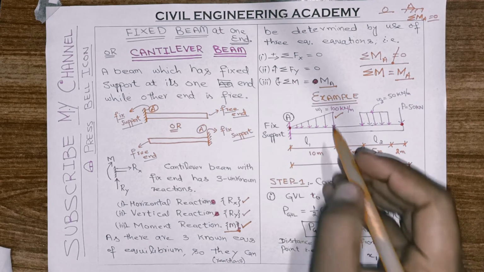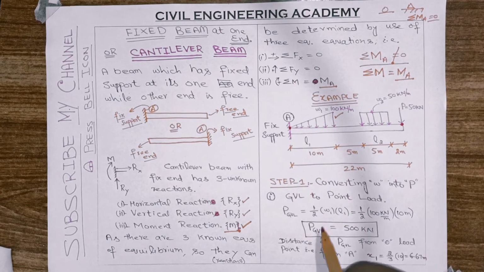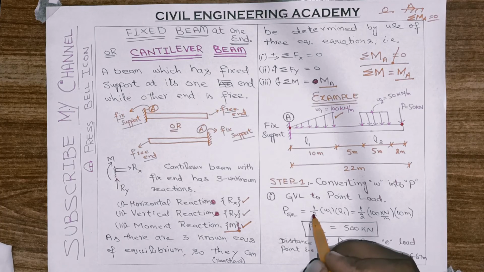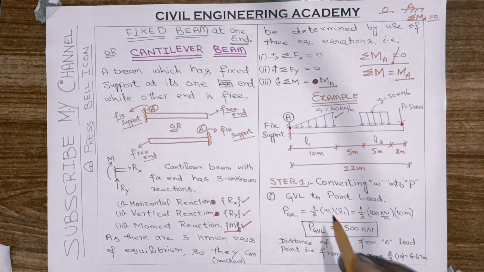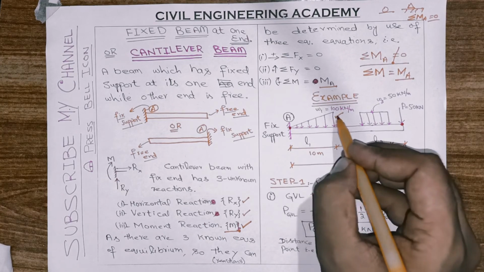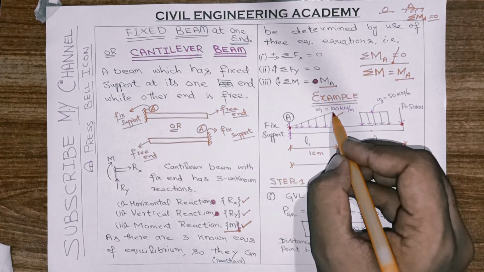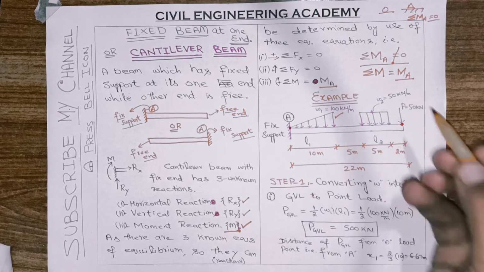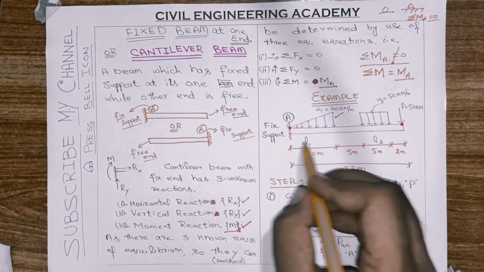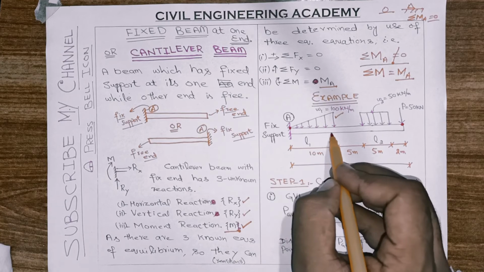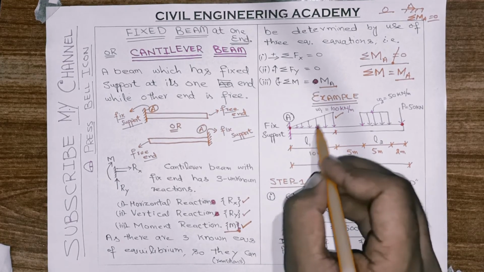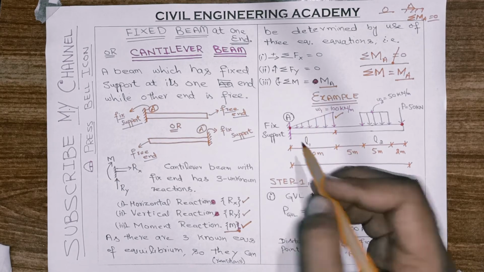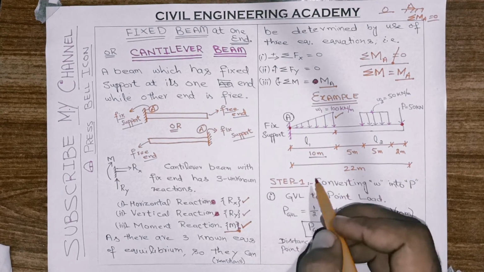For this one, GVL, we studied in the last lecture that we simply calculate the area of this triangle. How is the area of a triangle calculated? Half of the distributed load multiplied by the length along which the load is acting. So the length is this one. From this point to this one is the length along which the W1 GVL is acting. So this is 10 meter in this case.